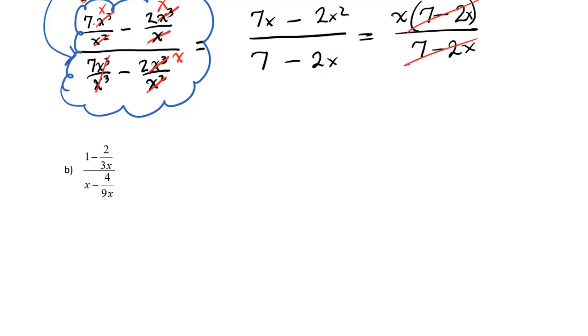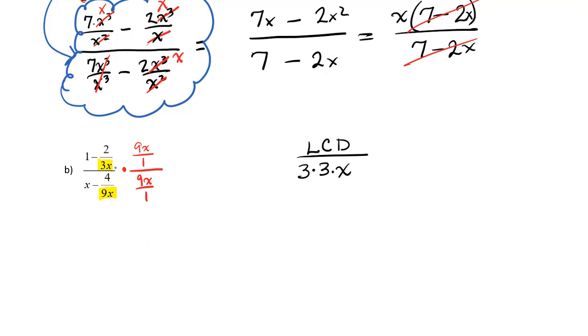Let's try this again. I'm going to highlight the denominators that we have in both the numerator and the denominator. The two denominators we have to look at are 3x and 9x. Since 3 is a factor of 9, I'm going to take 3 times 3, which is the 9, and x only appears one time in each. If I look at this complex rational expression, I can see that if I multiply the numerator by 9x over 1 and the denominator by 9x over 1, I am multiplying by a funny looking 1.